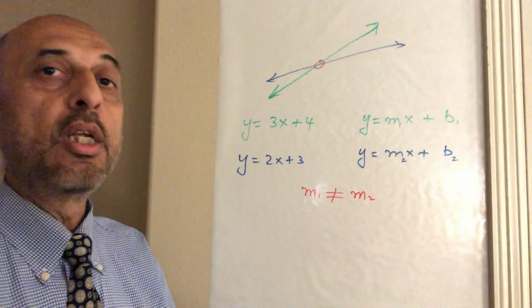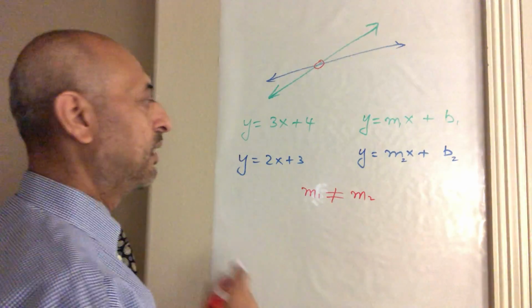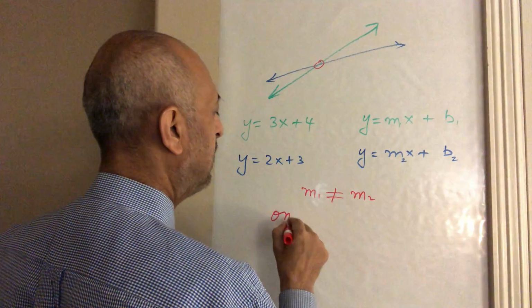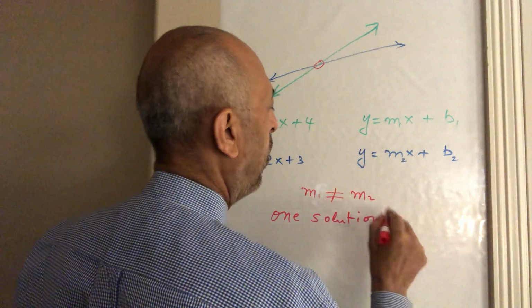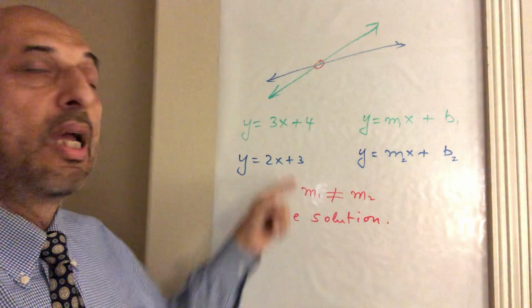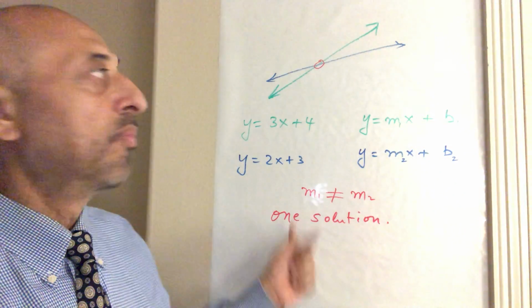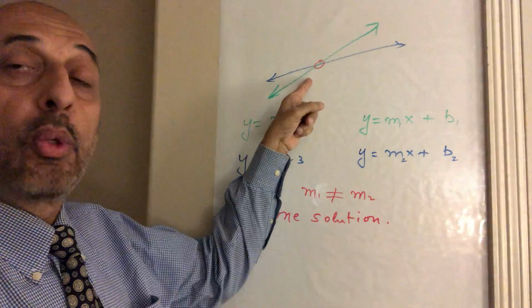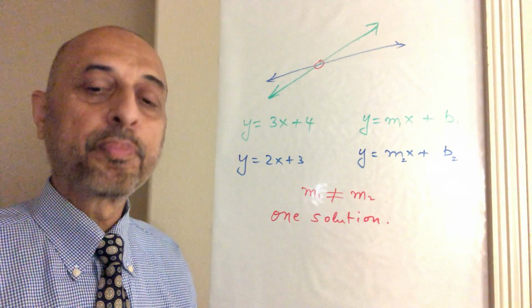Such a situation means that there is one solution to this system. So we say one solution. All one has to remember is that if the slopes of two linear equations are different, then you will have one solution. Graphically, if two lines intersect, then there will be one solution.